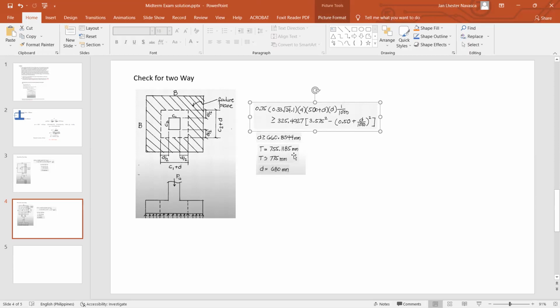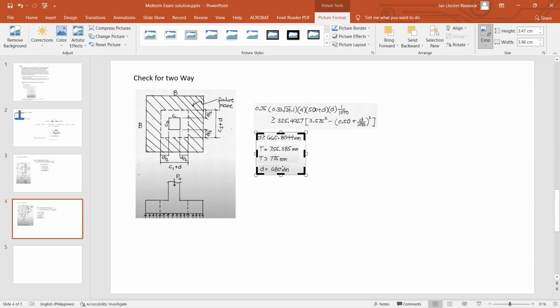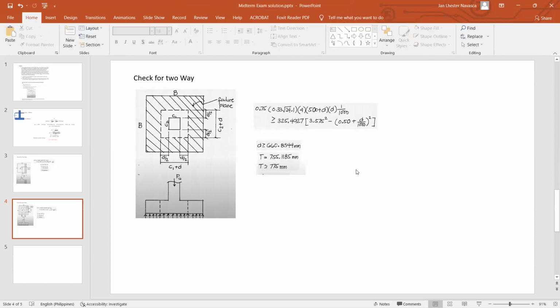So the total thickness, I think dapat hindi ito 655, should be 755.1185 for the thickness. Okay, so round up your answer to the nearest 25 millimeters, you get 775 millimeters.